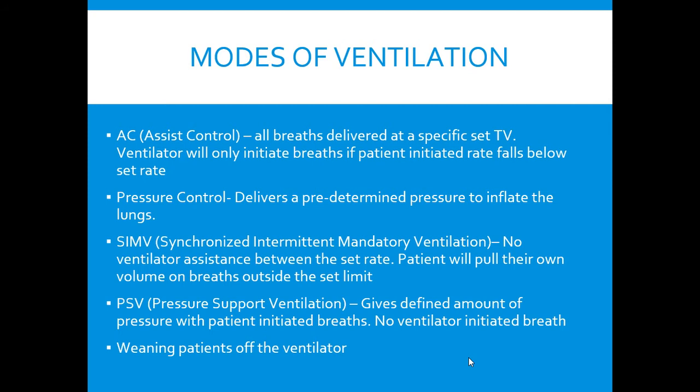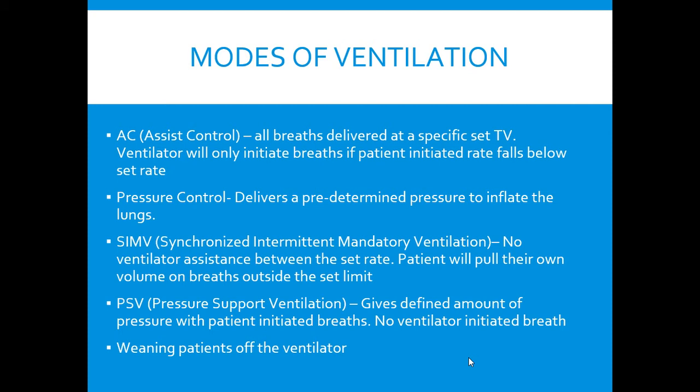The patient essentially triggers the vent with our AC, with assist control. Patient takes a breath in, negative pressure is sensed at the ventilator or through flow that goes to the negative pressure. As soon as the ventilator picks up on the negative pressure, it'll deliver a specific volume. Volumes that are provided range from 500 to 600 cc's.